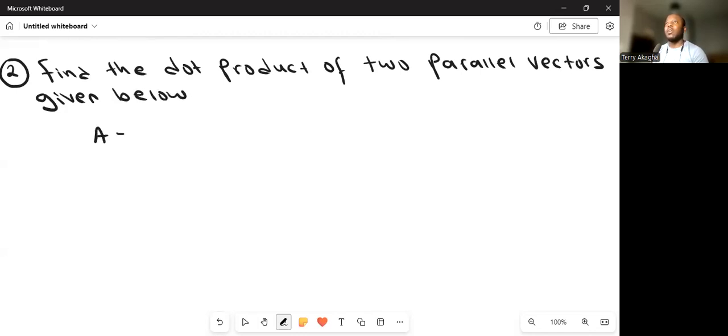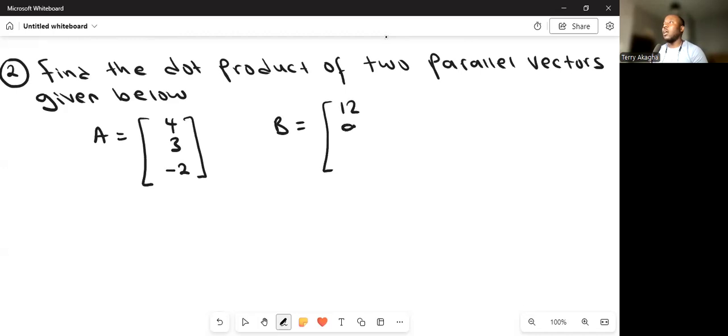We have A equal to 4, 3, minus 2, and B equal to 12, 9, minus 6. And we're told to look for the dot product.